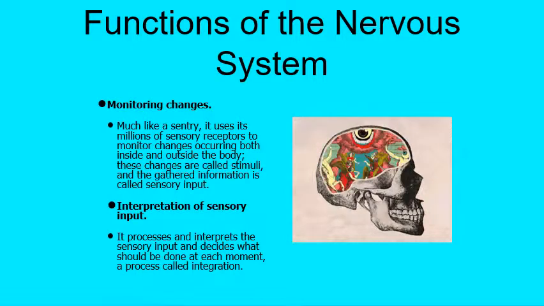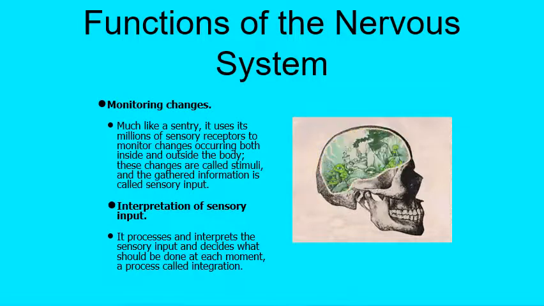So it processes and interprets the sensory input and decides what should be done at each moment, a process called integration. So the information received by the senses, by our eyes, our nose, and so on, are meaningless bits of information.